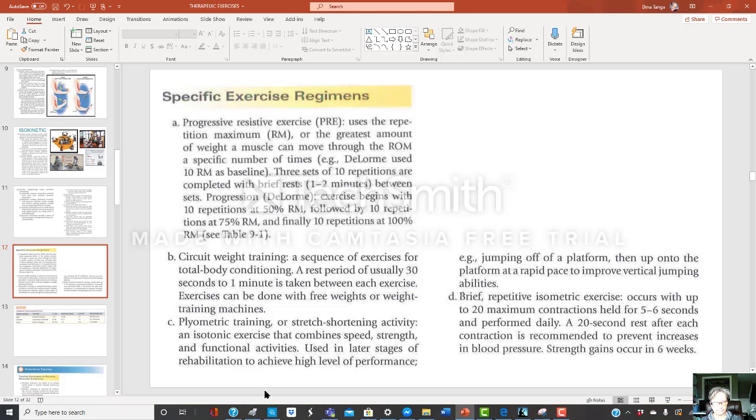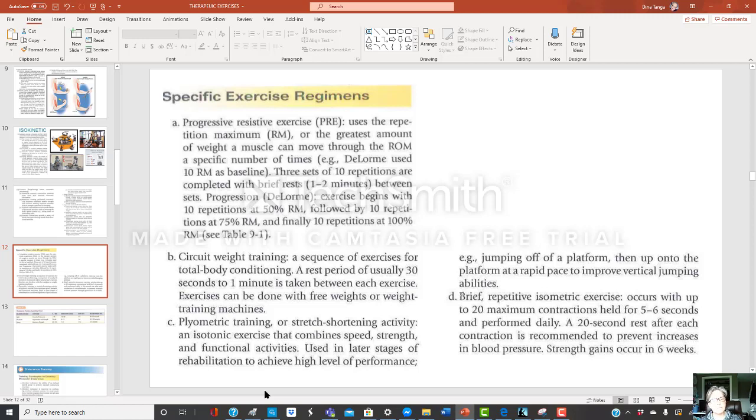Progression. Exercise begins with 10 reps at 50% of the 1 rep max, followed by 10 repetitions at 75% of the rep max, and finally 10 repetitions at 100% of the rep max.